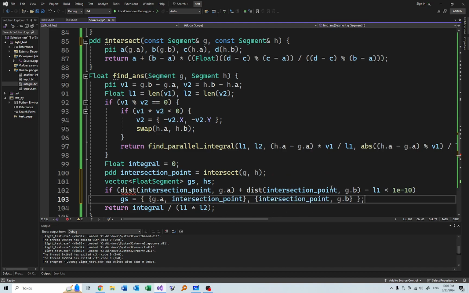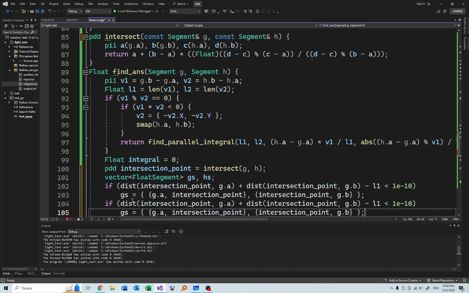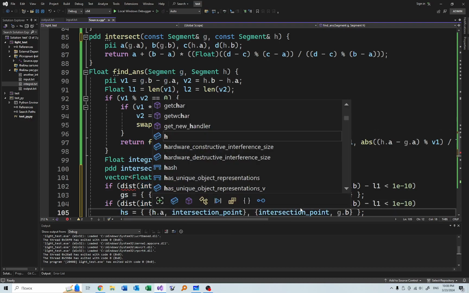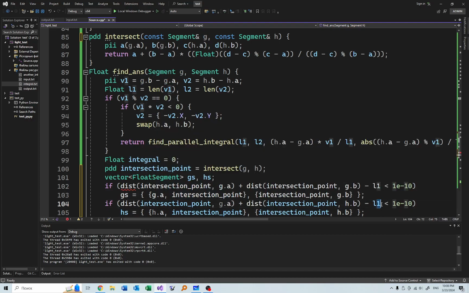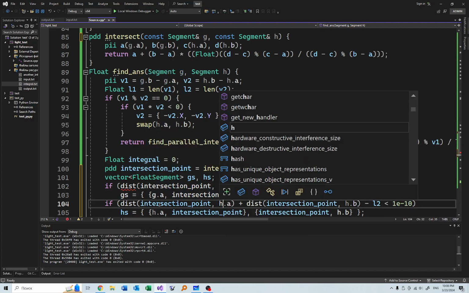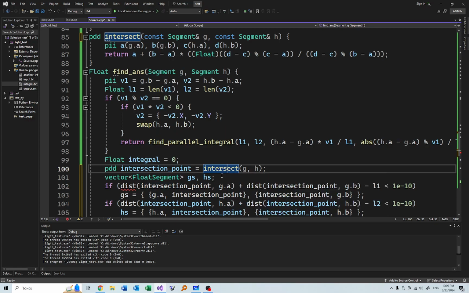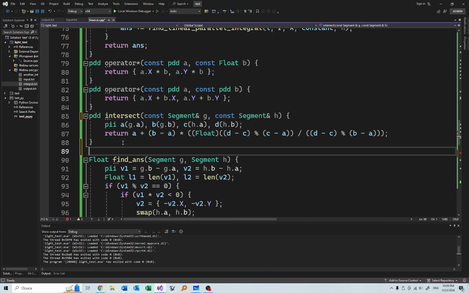It's actually the same for H. Let's make the intersection. Or not intersection, but distance.